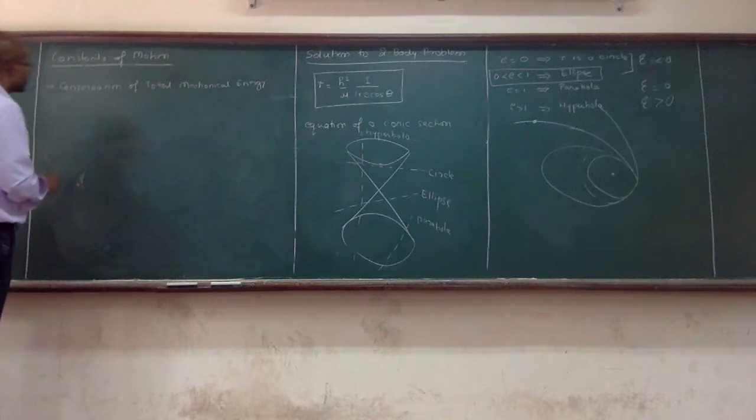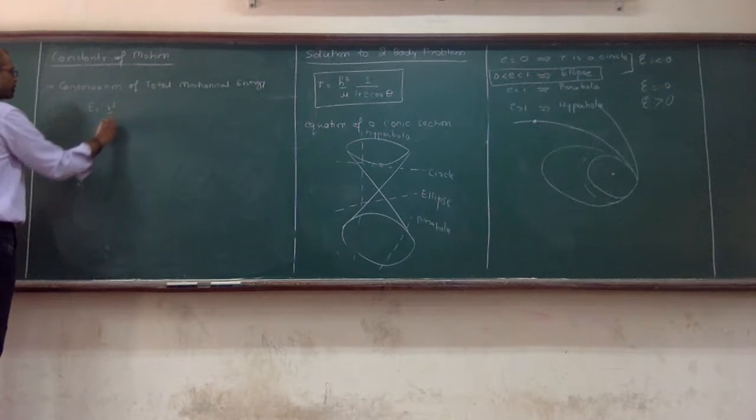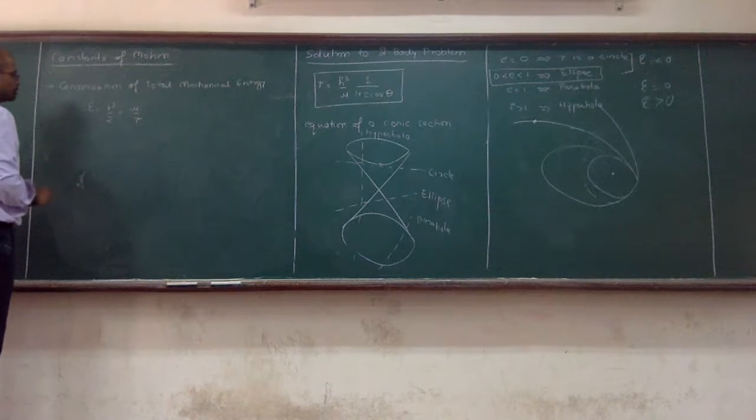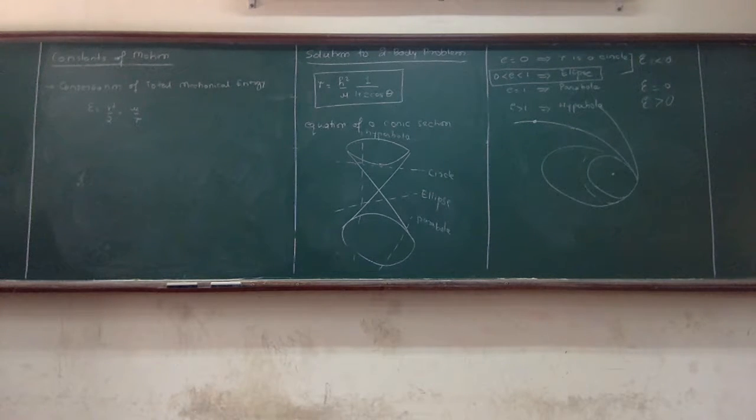And this is the formula: epsilon is equal to v squared over 2 minus mu over r. Can you mathematically prove that energy is conserved? You can mathematically prove that energy is conserved, and I'm going to show you that.